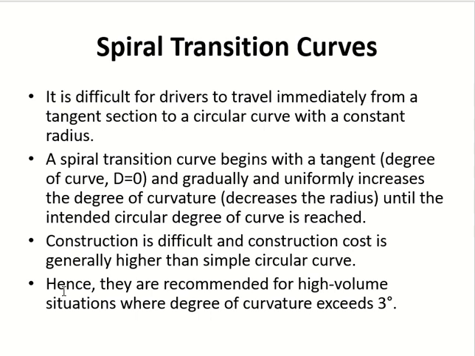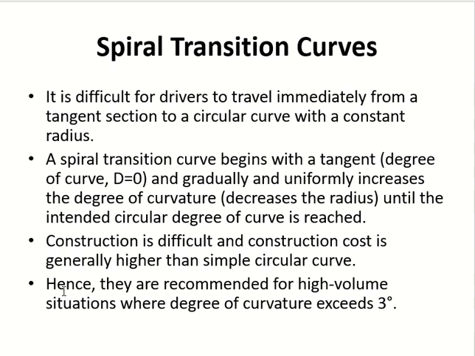Okay, spiral transition curve, again something which we talked about yesterday as well. So in a normal situation, you have a tangent and the tangent is attached to a curve. Both of them are meeting at a point. If I am slightly behind the point, I am on the tangent.